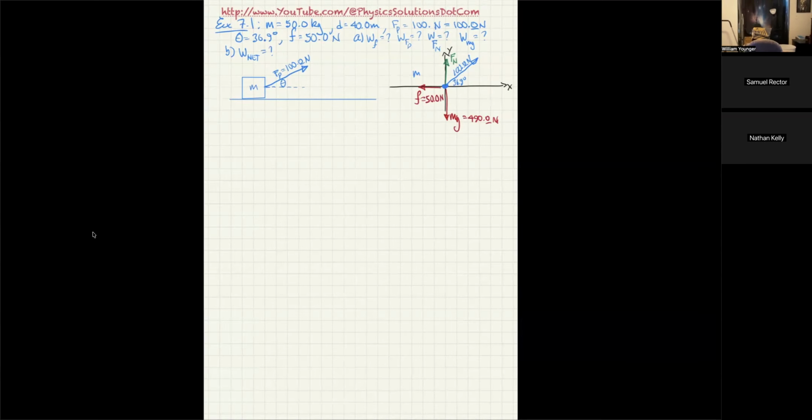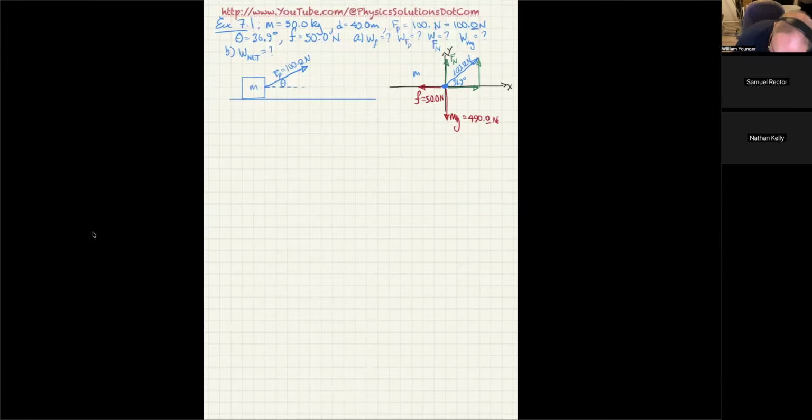And now we've got to break the blue vector up into components. The components are going to be the horizontal x component, which is right here, and then the vertical y component, which is also positive and therefore points in the green direction.